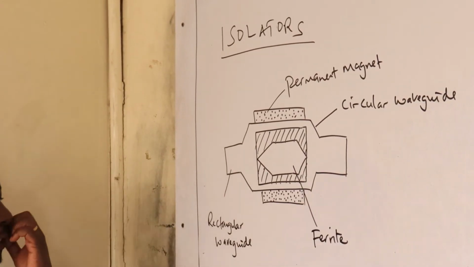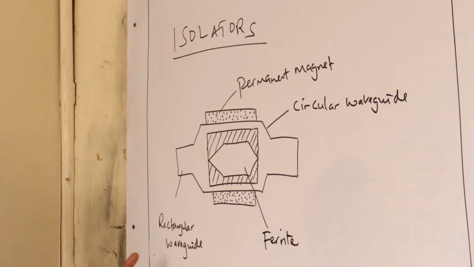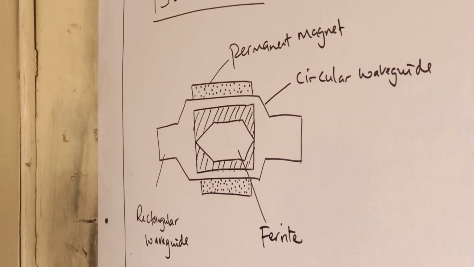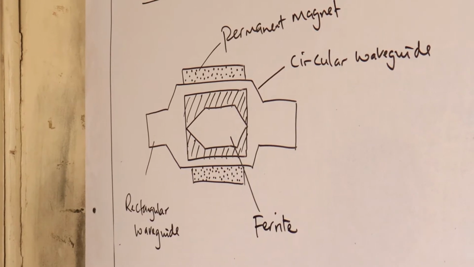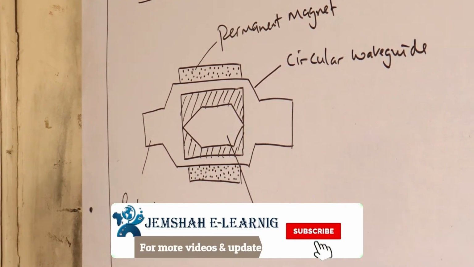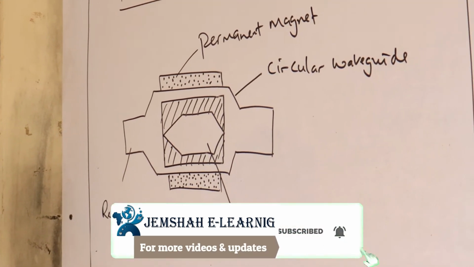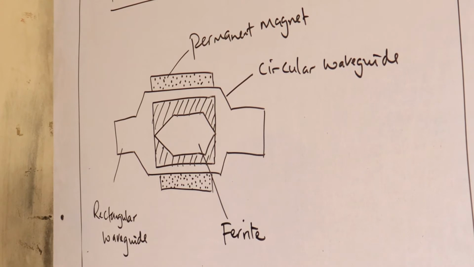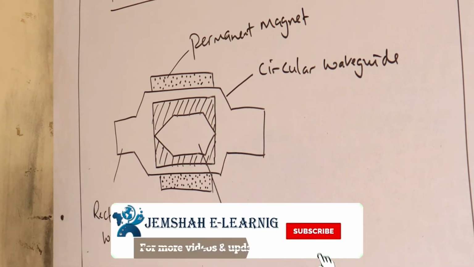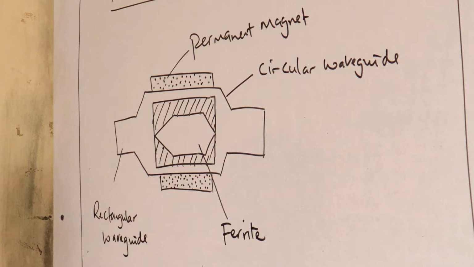So this is an isolator, and it has two outputs. One of them is a rectangular waveguide, and the other is a circular waveguide. What we need to understand here is that when the transmission frequency comes in at a certain mode and gets to the transmission path, which is the isolator, it's able to change the mode into maybe TE11 or TE10 mode, and when it gets to the output, it's able to revert back.